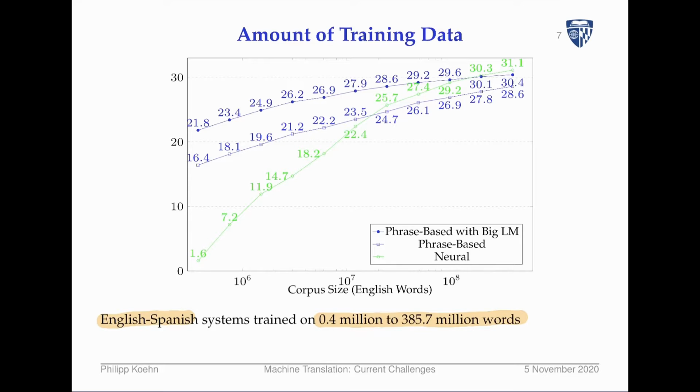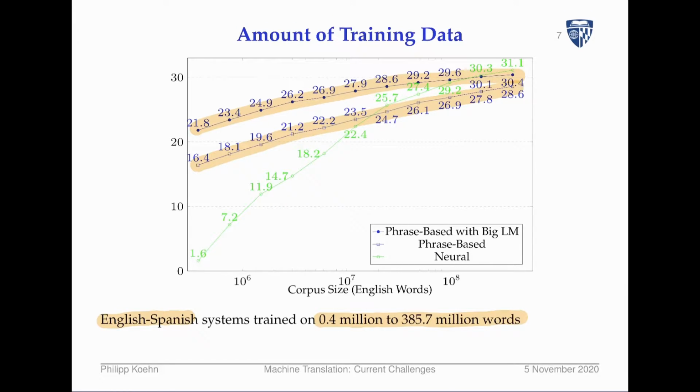And this is a striking observation. This is a phrase-based statistical machine translation system that was just trained on the parallel data with no additional monolingual data. What is typically done in phrase-based MT is that we build a big language model, and if you add a big language model, you also see clear improvements.